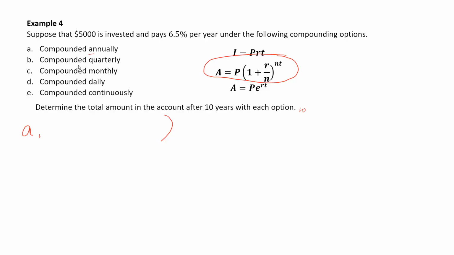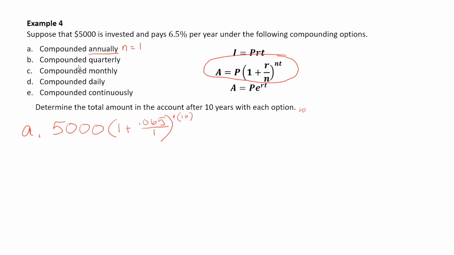The amount you're going to get back is your principal times 1 plus r over n, where n is the number of times it's compounded. And if it's compounded annually, that means it's only compounded 1 time. So n is 1. All right, so you put in 5,000 for your principal times 1 plus the interest rate, which is 6.5% over 1, and then you're raising it to the nt power.